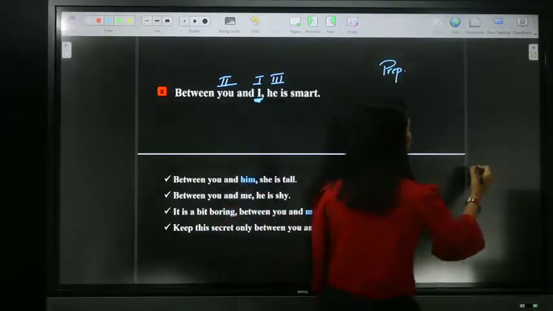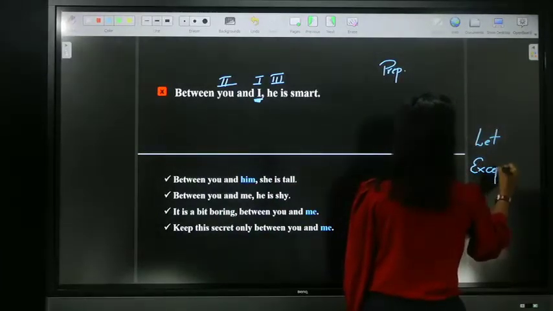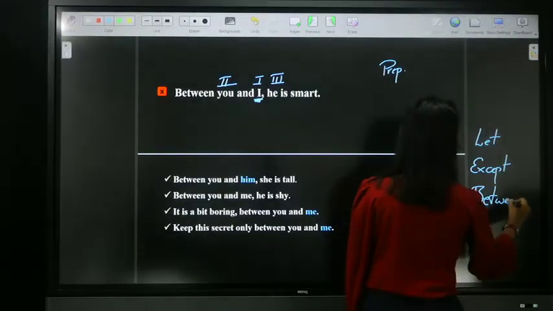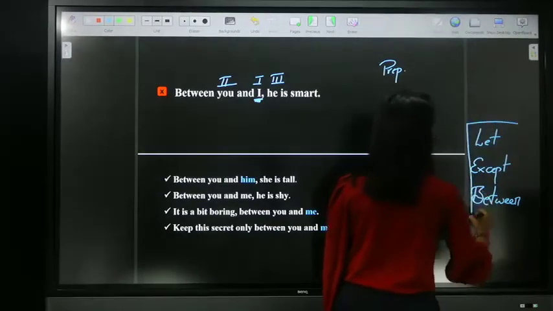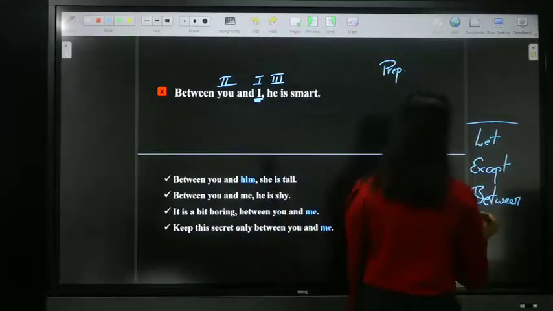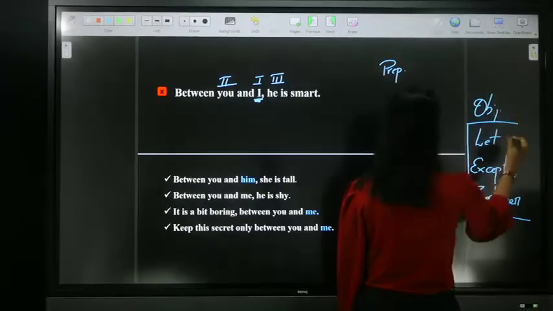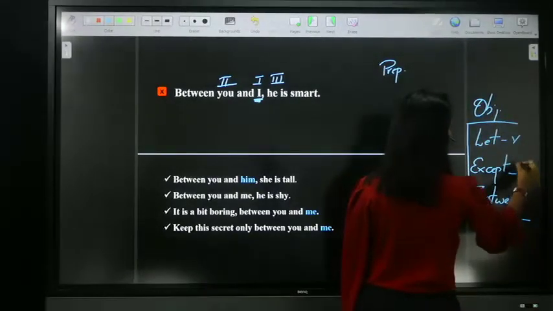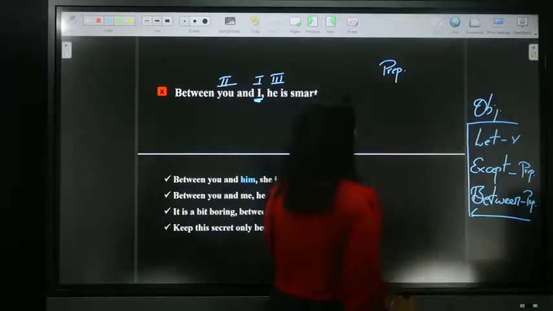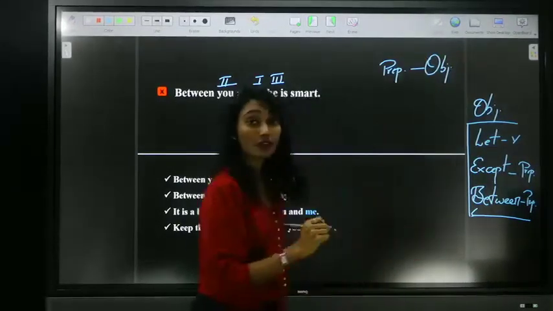Remember, the words let, except, between are always followed by objective case pronouns but not subjective case pronouns, because let is a verb, except acts as a preposition, and between also acts as a preposition. So we know after a preposition it should always be objective case pronoun, not subjective case.